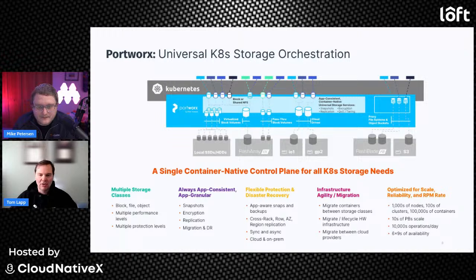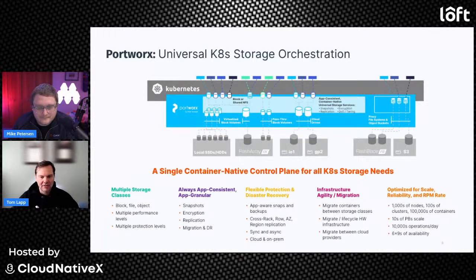And we run on any Kubernetes distribution, any infrastructure, whether it's bare metal on-prem, or any of the hyperscalers, whether your Kubernetes is vanilla Kubernetes, OpenShift or Rancher or any of those, we run on all of those Kubernetes platforms.